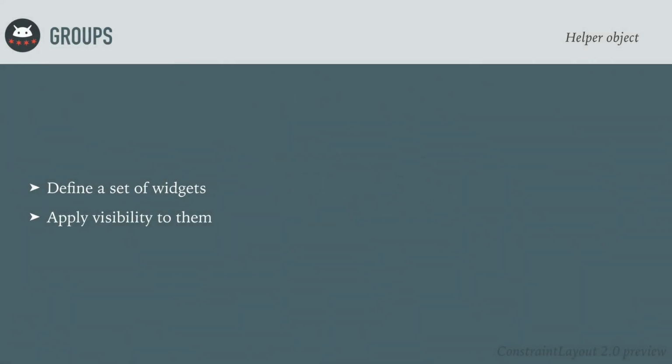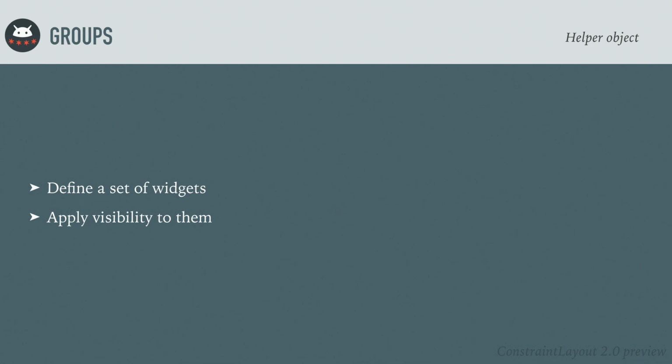Groups: we thought that it would be useful to have a kind of shortcut when you have a set of objects that you want to set the visibility of, which is useful for constraint layout, because constraint layout does a lot of automatic work. When you set the visibility on elements, you can specify, for instance, that my element is marked as gone, but the layout is going to reflow correctly.